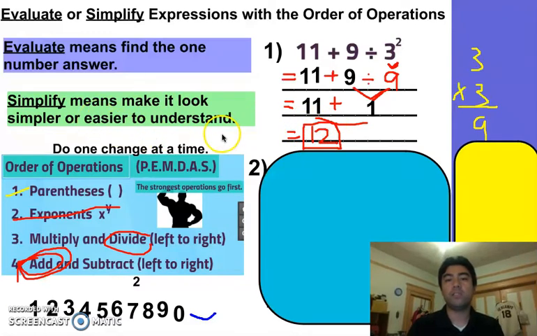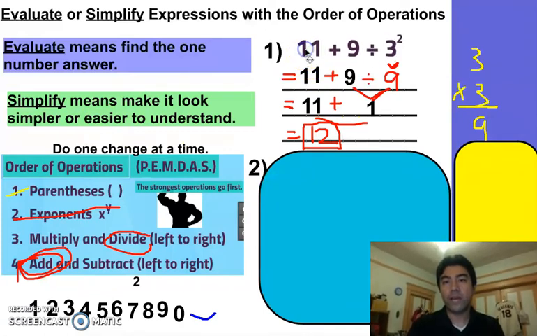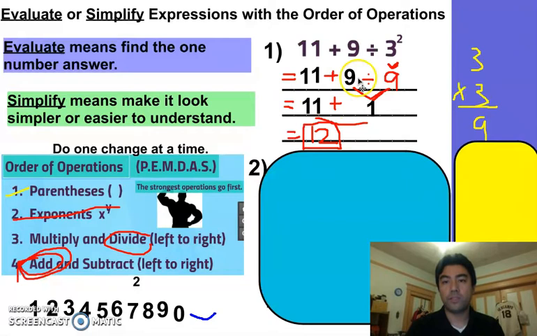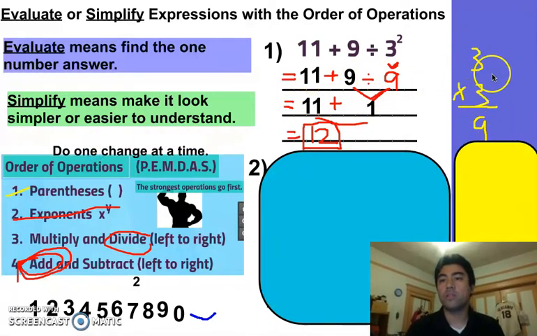And I made it easier to understand because now it's just 12 when we started with this expression, okay? So we made it simpler as we went on, okay? So that's how you evaluate and you simplify. Do it step by step, one change at a time. Do your work on the side, okay? And just use these steps, okay?